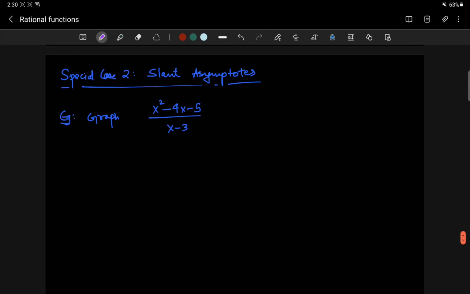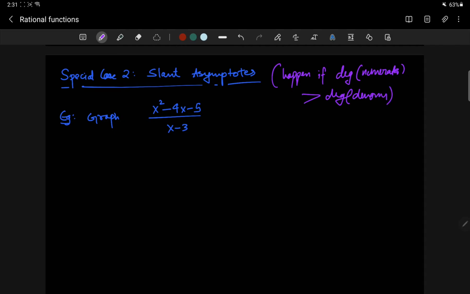The second special case is what I was talking about a long time ago in one of the videos, saying that an asymptote can be any line that the function approaches. But the simplest cases are when these lines are vertical or horizontal. However, they can be slant asymptotes, and this will happen if the degree of the numerator is larger than the degree of the denominator.